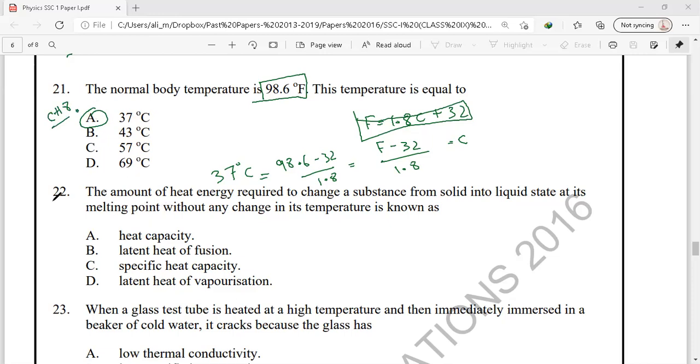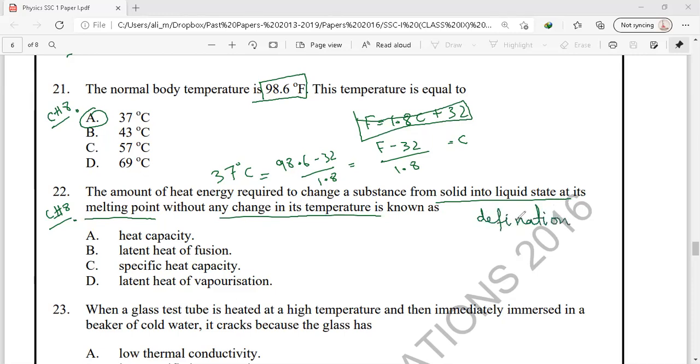Next, we have question number 22. This is again from our chapter number 8, Thermal Properties of Matter. The amount of heat energy required to change a substance from solid into liquid state at its melting point without any change in temperature. So, this is the definition of a quantity.